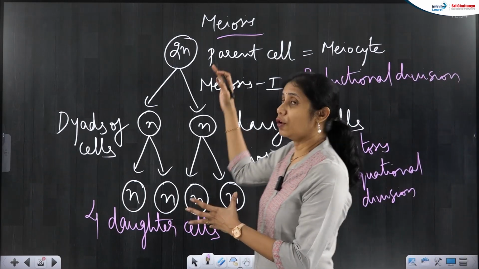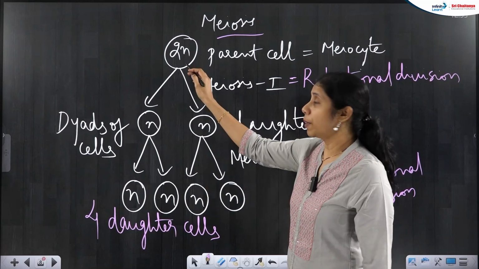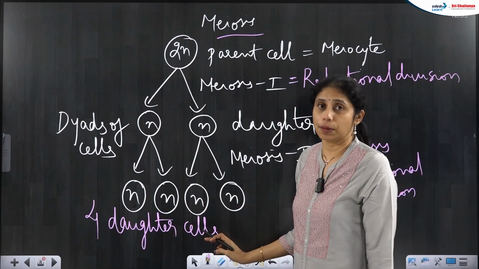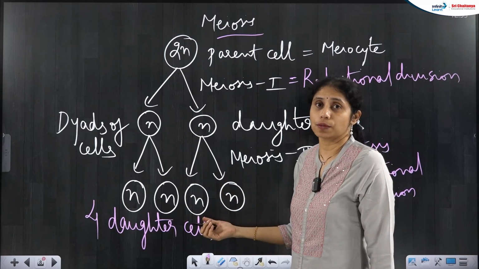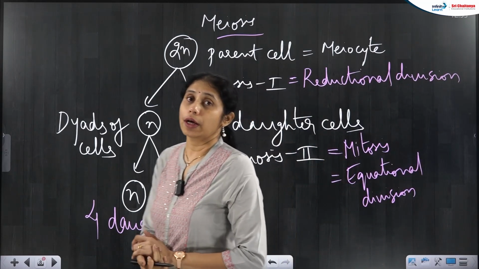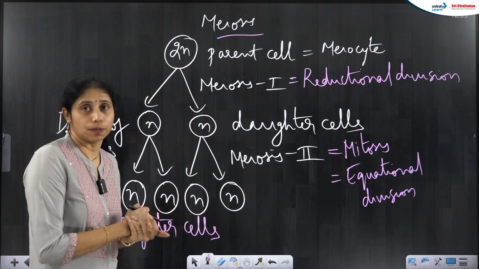So this is how meiosis happens, which involves meiosis 1 and meiosis 2, and one parent cell ultimately forms 4 daughter cells which are haploid in number of chromosomes.